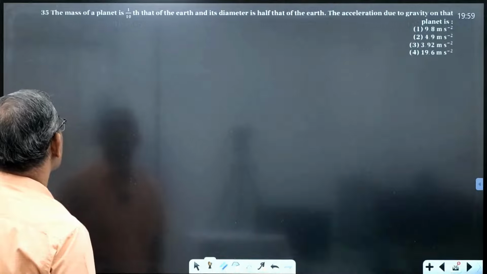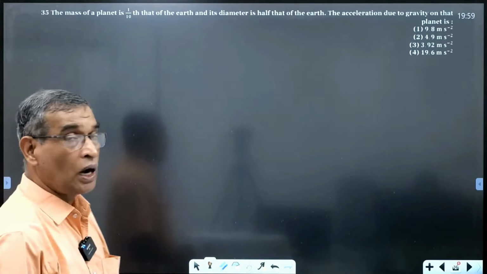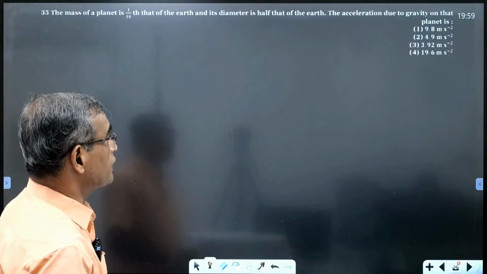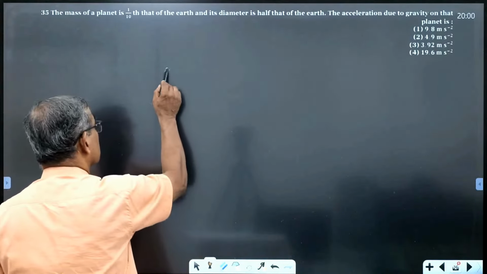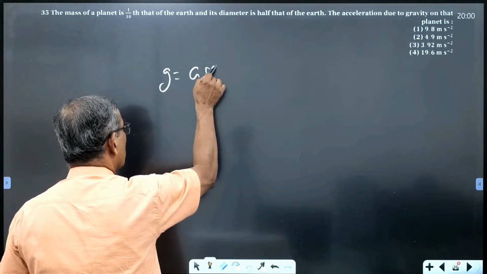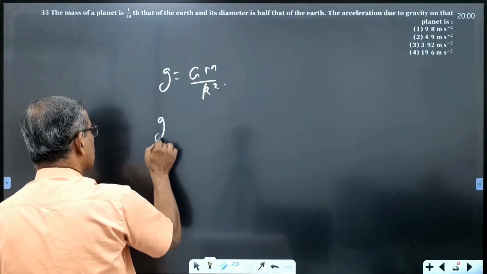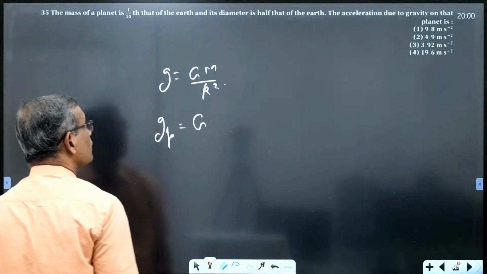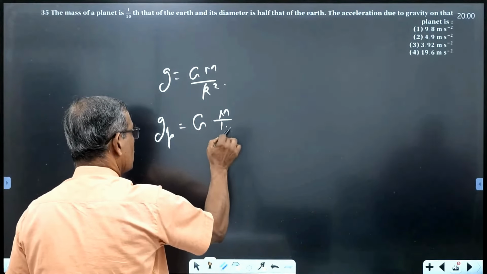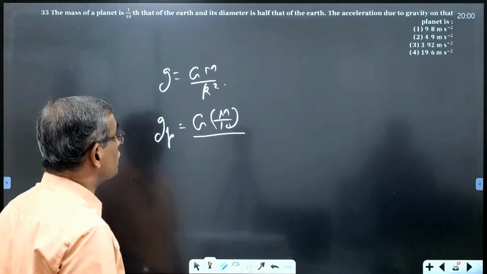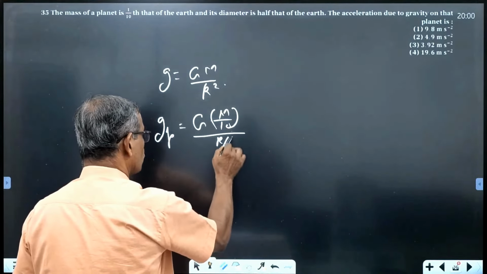Next question. The mass of a planet is 1/10th of the Earth, and its diameter is half that of Earth. Then find the acceleration due to gravity. Now acceleration due to gravity on the surface of Earth is equal to GM by R square. On this planet, g planet is given by G times mass of the planet, which is 1/10, so M/10, and the radius of the planet is half that of Earth, therefore R/2 whole square.